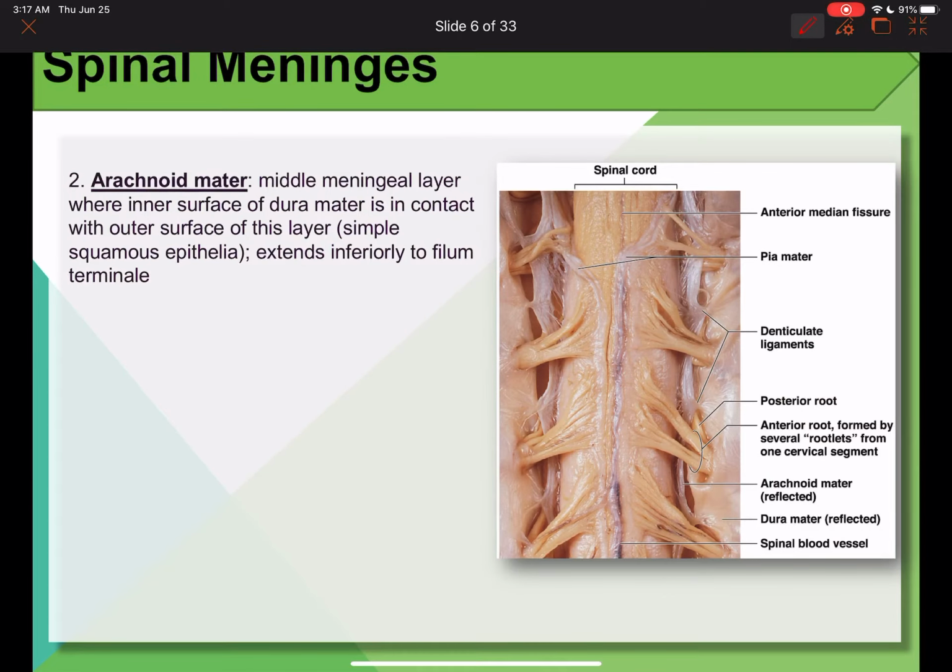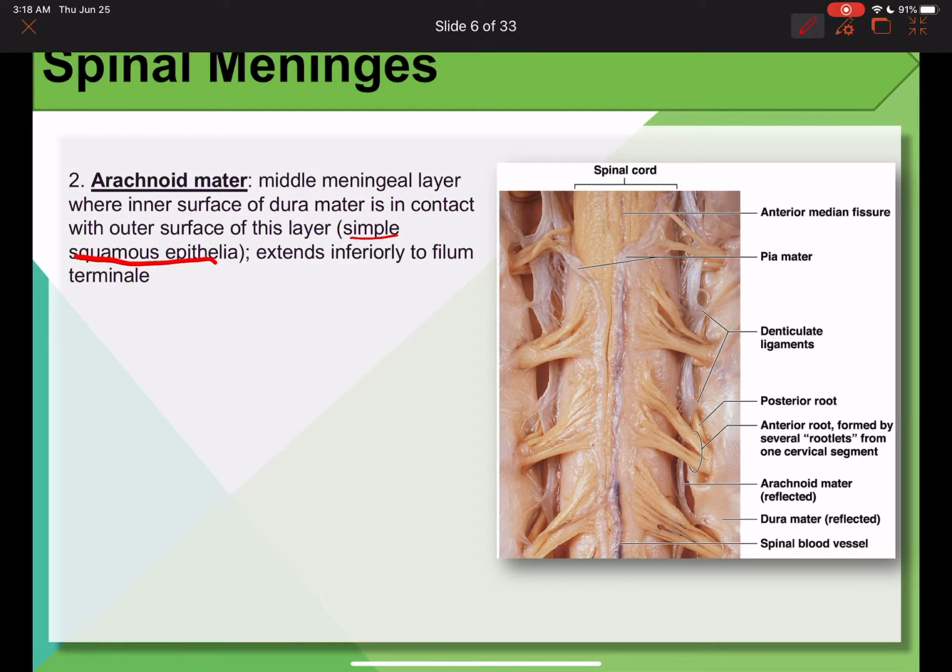So the second layer of the spinal meninges is the arachnoid mater, just like your cranial meninges. But contrary to the spider web-like structure of the arachnoid mater in the brain, this layer in the spinal cord is just made up of simple squamous epithelia that goes all the way down to the filum terminale.